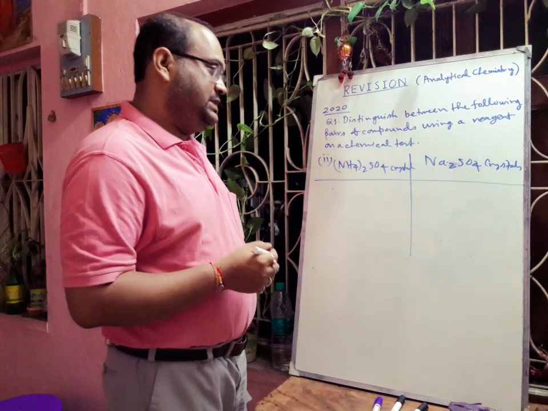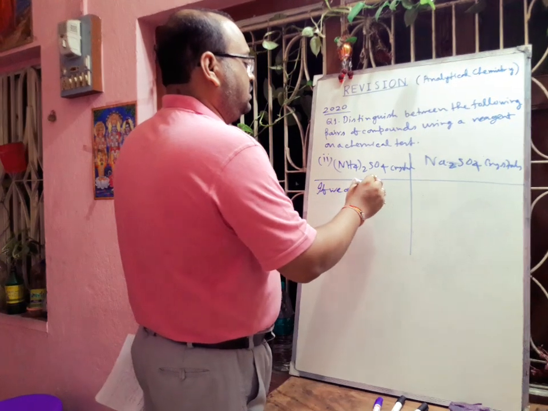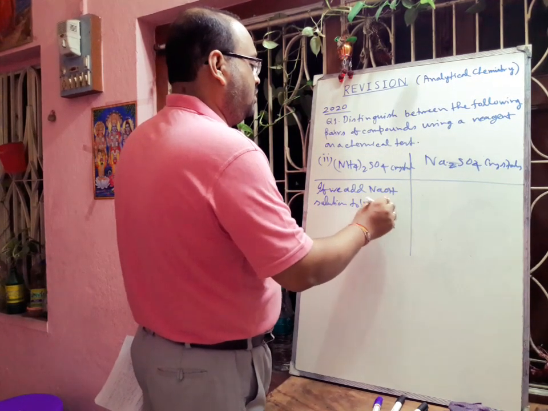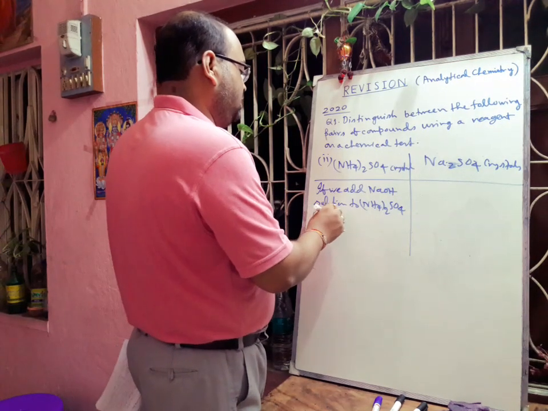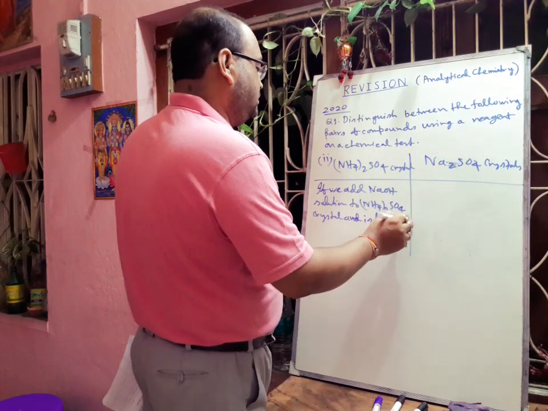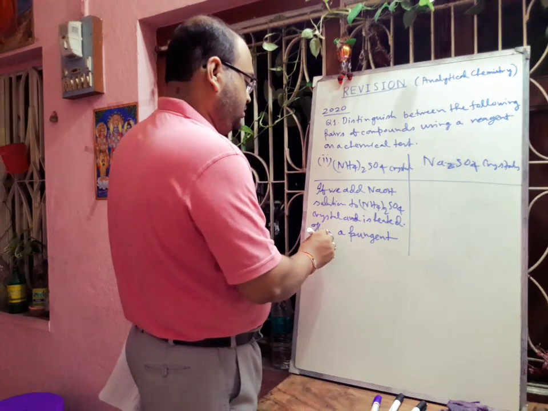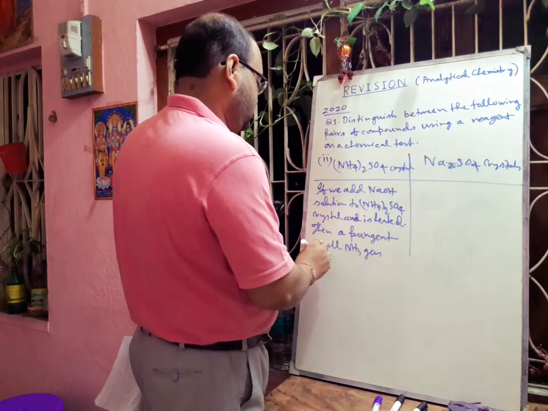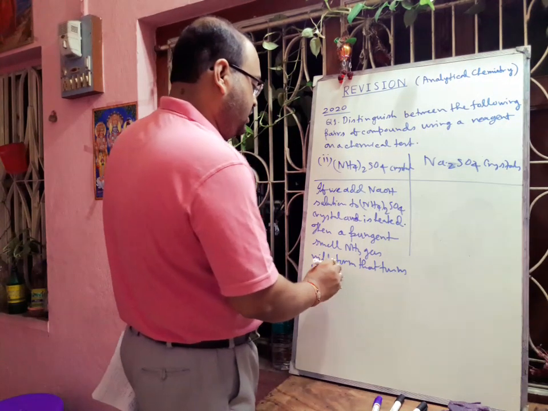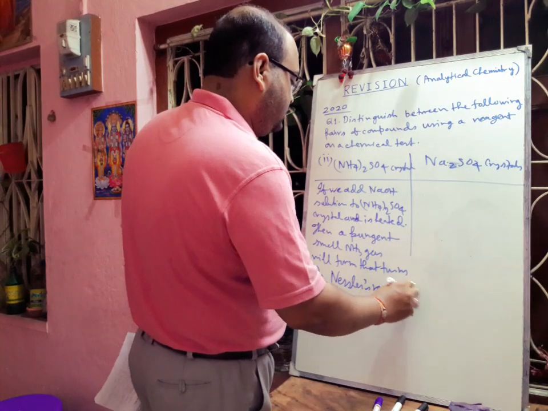In case of ammonium sulfate crystals, if we add sodium hydroxide solution to (NH4)2SO4 crystals and heat, then a pungent-smelling ammonia gas will form that turns Nessler reagent brown.